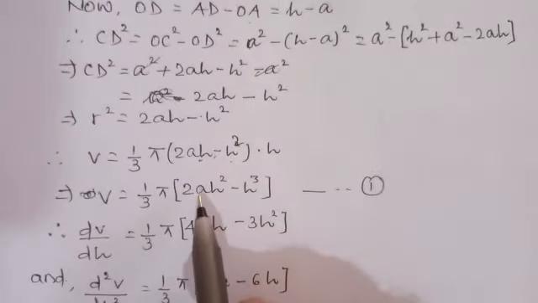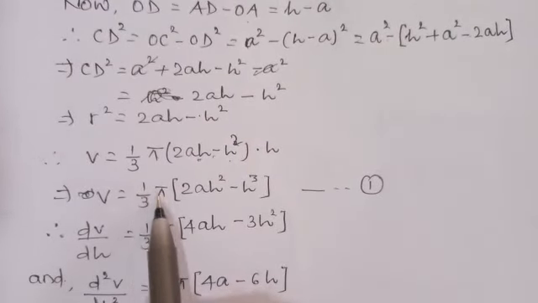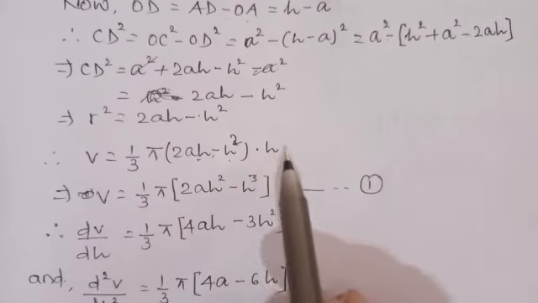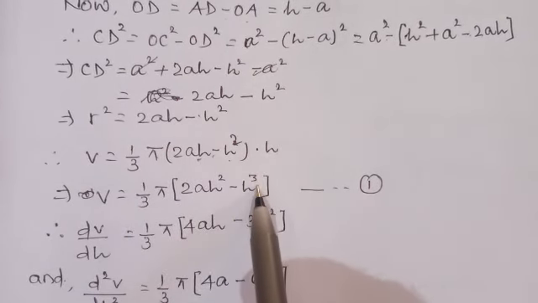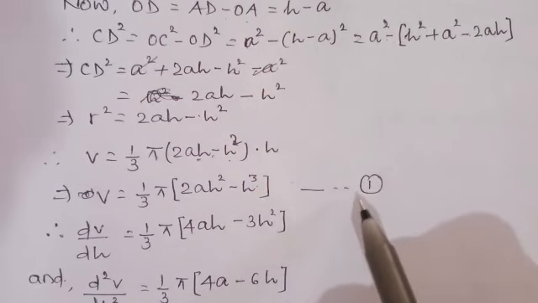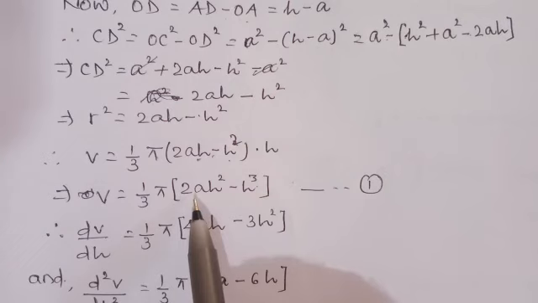So 1/3 pi, 2AH square minus H cube. This is the volume of the cone in terms of H and the radius of the sphere A.